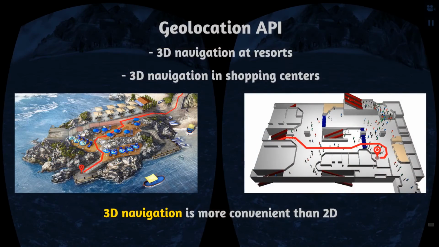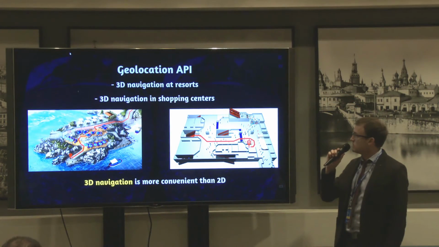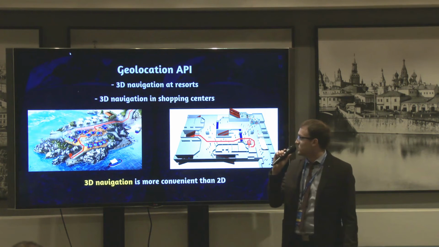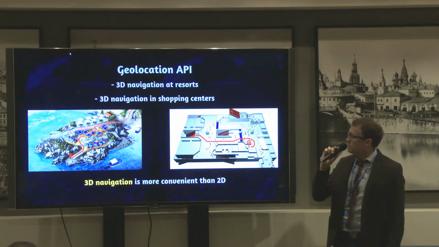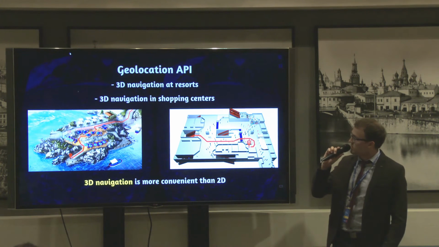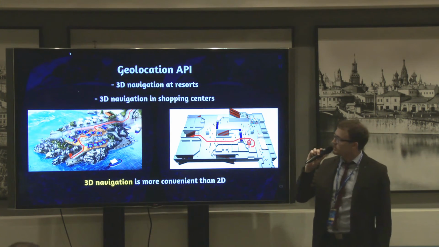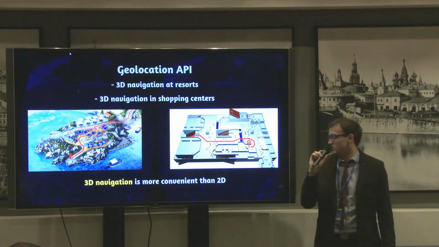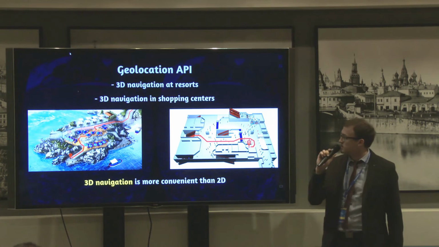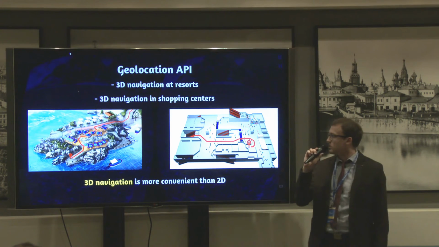Okay, let's talk about Geolocation API. It's quite easy and very helpful. You can use it in applications for navigation in shopping centers or resorts. Lately, navigation applications are being created using 3D technologies, and they are more informative and practical than their 2D little brothers.